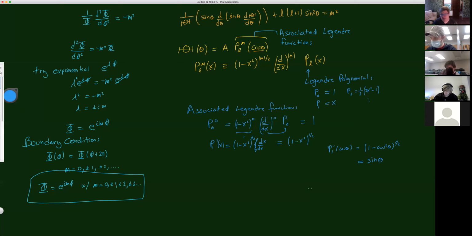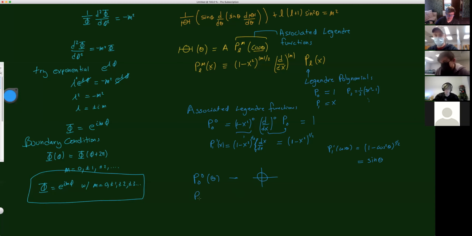But the cool thing about this is what they look like. Okay, so if we look at, say, the magnitude of these, P00 of theta, you'll get something spherical like this.